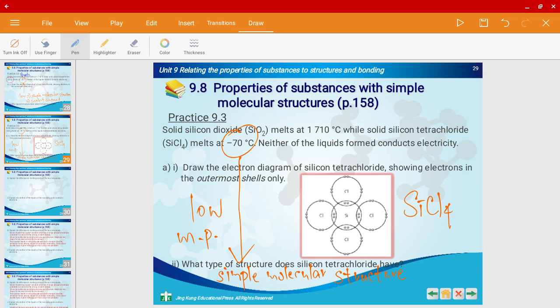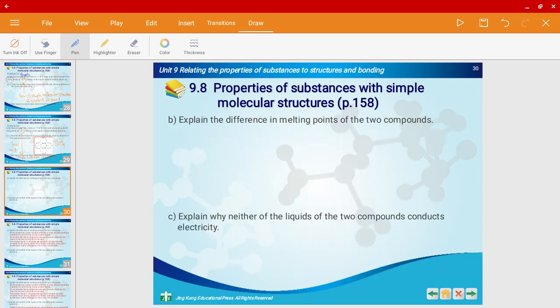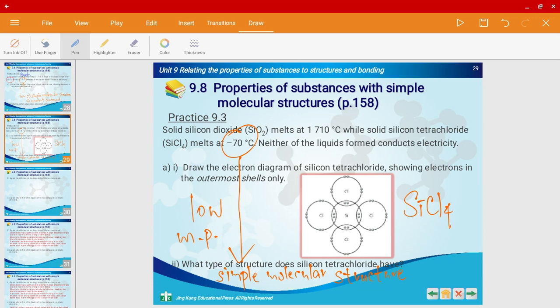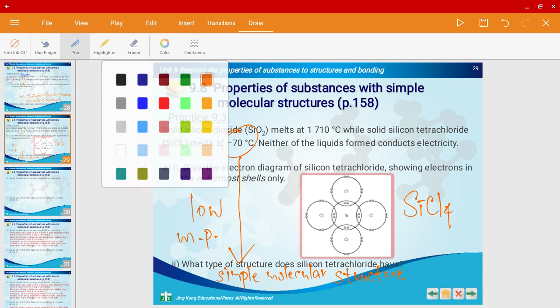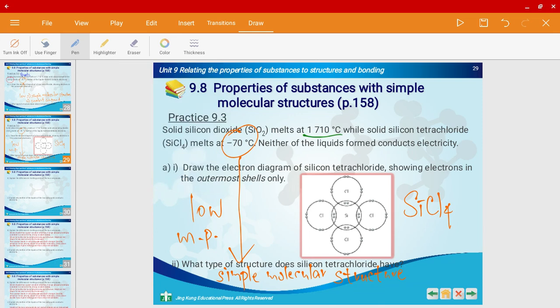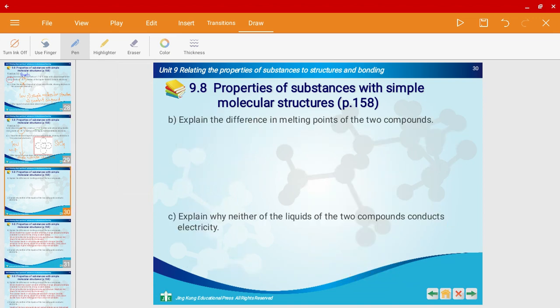Let's read question B. Explain the difference in melting points of the two compounds. Let me go back. SiO2 melts at 1710 degrees, whereas SiCl4 melts at negative 70 degrees. What's the reason? The reason is SiO2 has what type of structure?